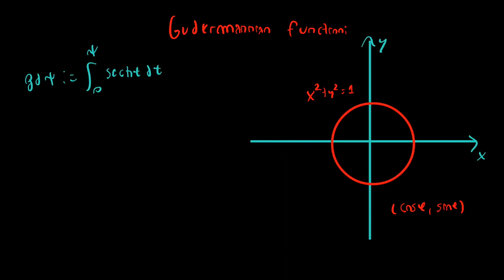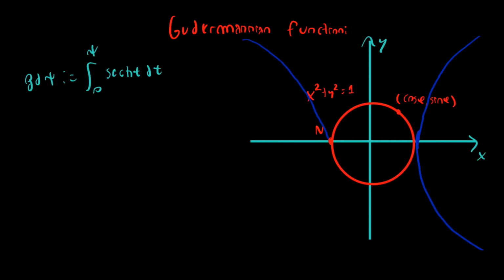So now let's fix a point on this circle, which we will call N, big N. And let's take whatever point on the circle that we will write as cosine phi, sin phi. Now let's also consider in our xy plane a hyperbola, which I'm going to draw in blue, given by the equation x squared minus y squared equals 1.